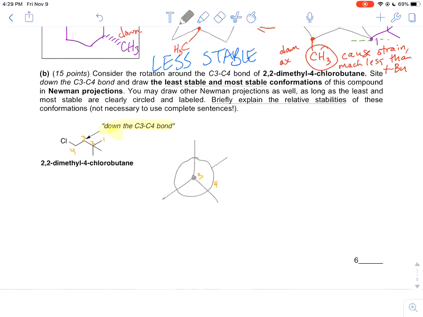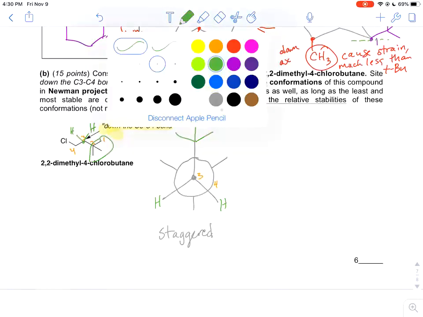We're going to start with a staggered projection just because I want to stagger. And on carbon 3 here, we have a hydrogen, and then that whole tertiary butyl group, including carbons 2 and 1. I'm just going to put the tertiary butyl group up here just because we can put it pretty much anywhere we want, just as long as the other two are hydrogens.